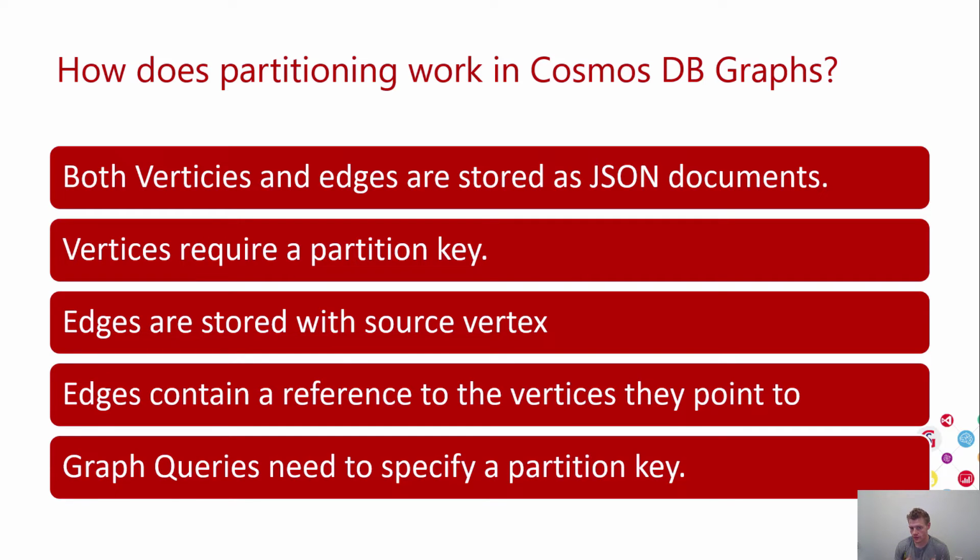When we perform graph queries, we need to specify a partition key, and this is done to take full advantage of horizontal partitioning in Azure Cosmos DB. So when we perform our queries, the partition key should be specified when a single vertex is selected, whenever possible.